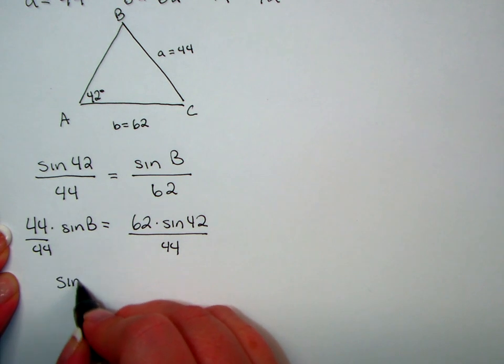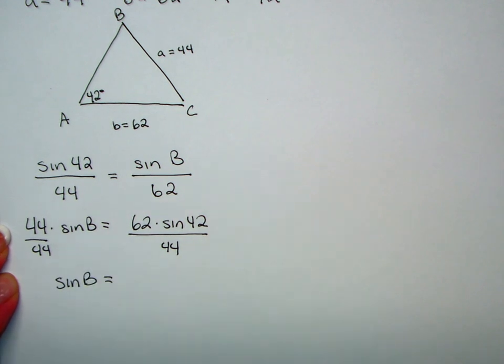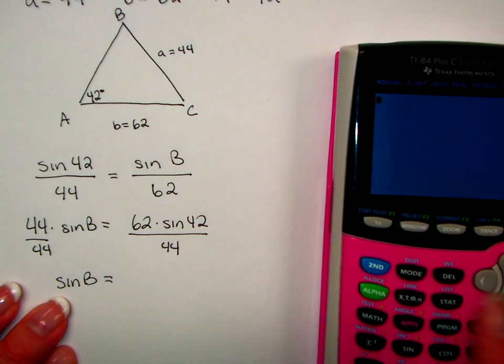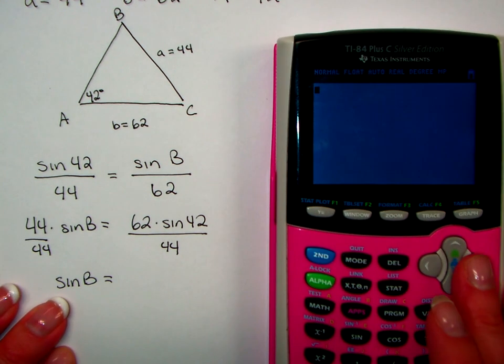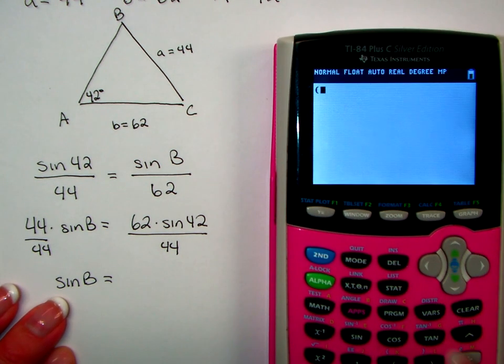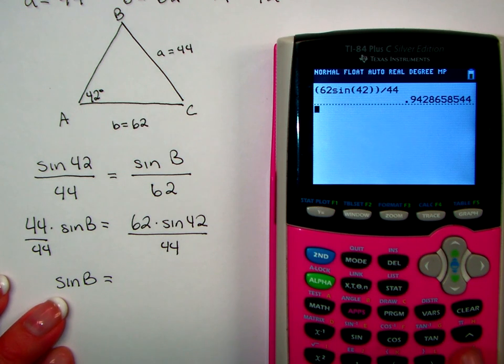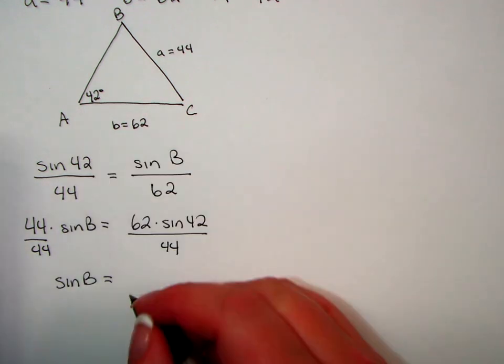And then again, I am going to write that decimal down. All right, so 62 times sine 42 divided by 44. So parentheses, 62 sine 42 divided by 44 is 0.9428.